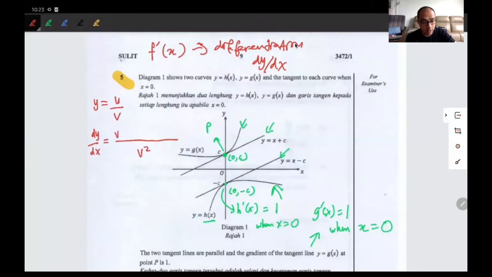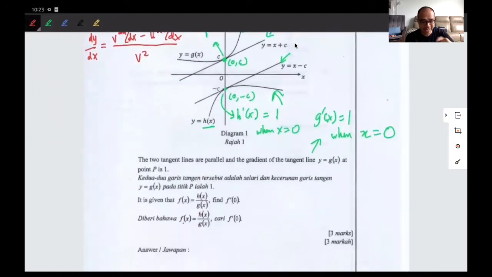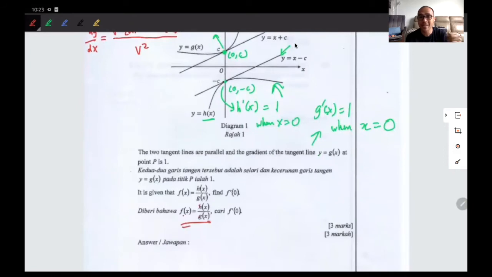If this is one function, this is another function. Basically, what we are supposed to do is use the same thing, except it is not uv. We can say that this is u and this is v.